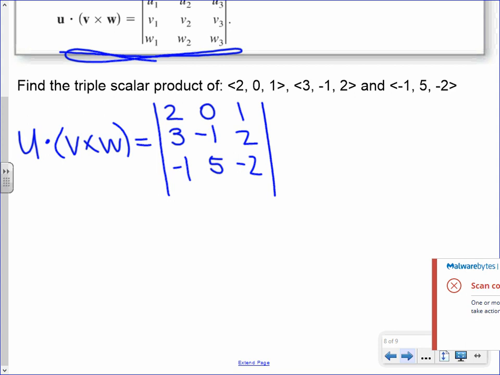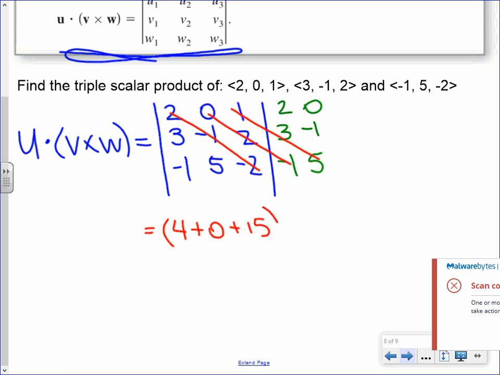Okay. So copy down those first 2 columns. So we have our down diagonals. And we're going to subtract our up diagonals.